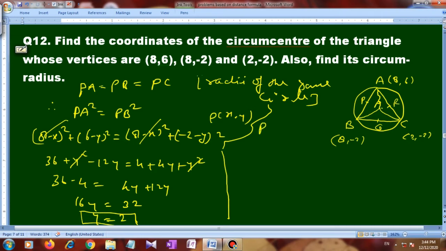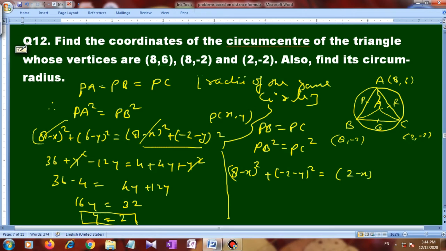So here PB will equal PC. So PB square equals PC square. Clear? So PB is this: (8 minus x) whole square plus (minus 2 minus y) whole square, and PC will be (2 minus x) whole square plus (minus 2 minus y) whole square.